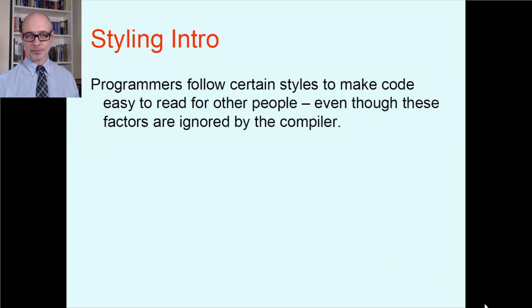And here's a little introduction to styling our code, right? This is a human issue. So keep in mind that programmers follow certain styles to make code easy to read for other people, even though these factors are ignored by the compiler. There's a lot of ways that you could write a piece of code, and technically it is compatible with the technical rules of C++, and it could compile and it could run.